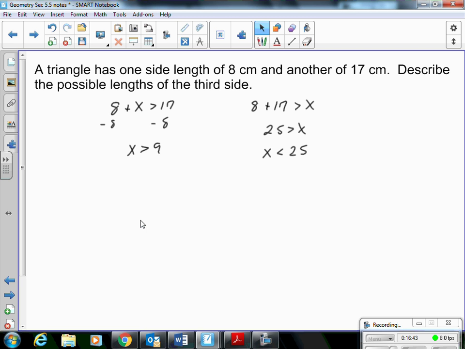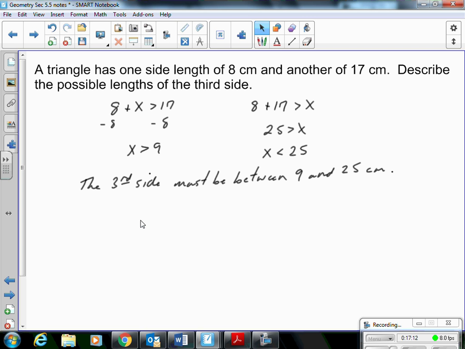So the third side must be between those two numbers, between 9 and 25 centimeters.